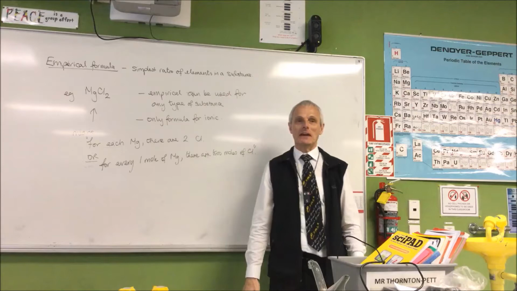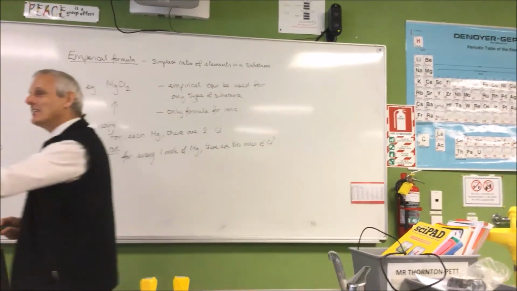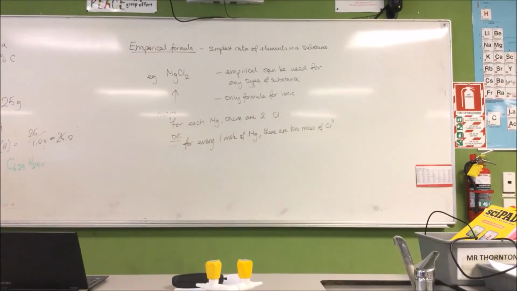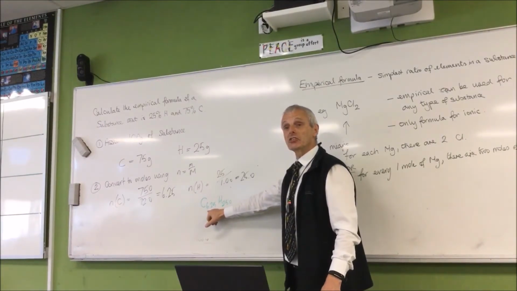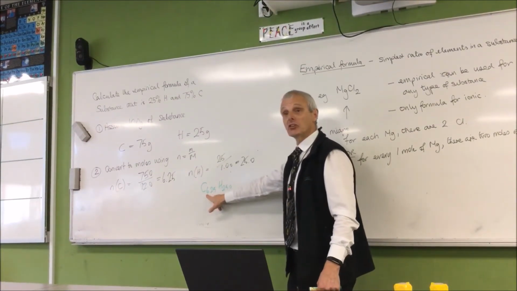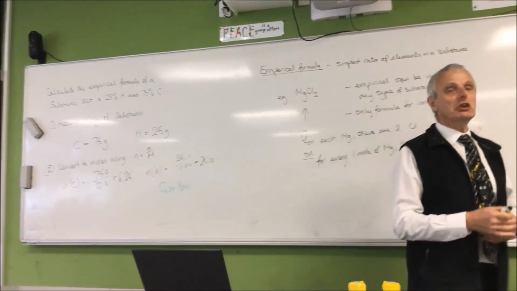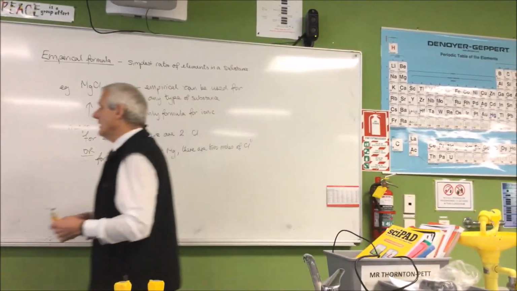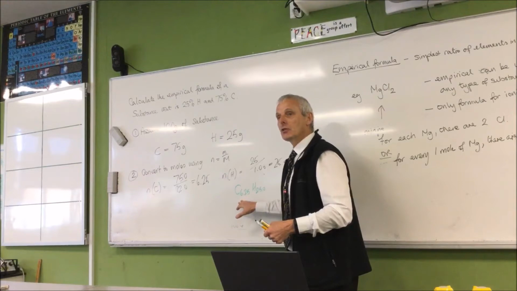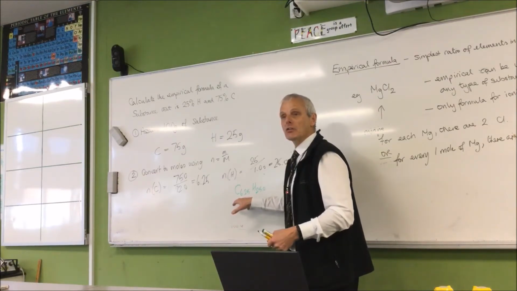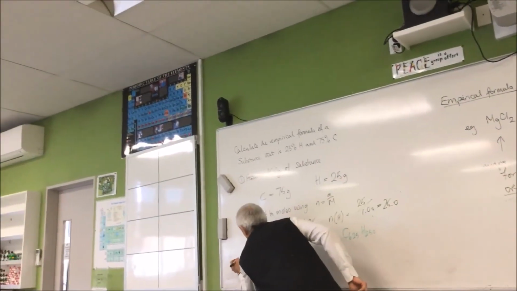How can I simplify that? Yeah. Easy, isn't it? You know it's simple, you've got the answer. But what you do is, I can turn this into a simple number by dividing it by 6.25. If I divide that number by 6.25, I need to divide that number by 6.25. So the first thing you need to do is get one of the elements, the smallest number, to 1. And to do that, you divide by the smallest number. If you do it to one, you've got to do everything. Okay, so divide by the smallest number.